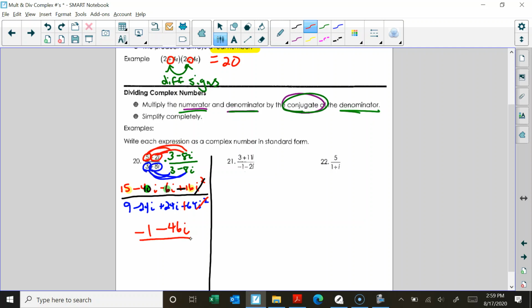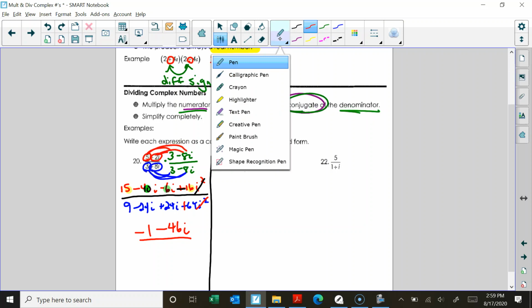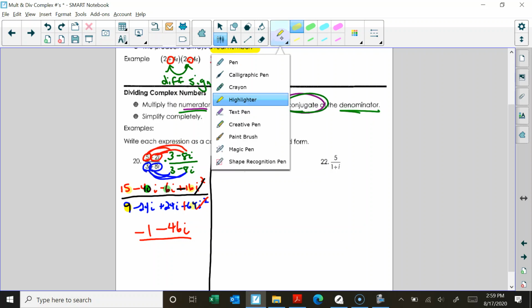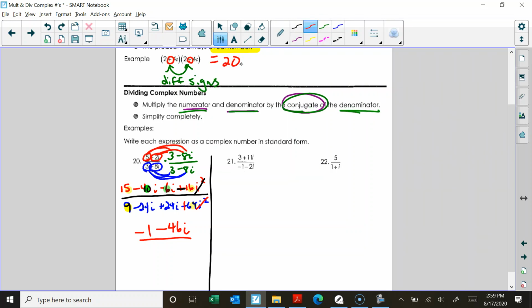The denominator comes from the blue stuff. 9 plus 64 is 73.